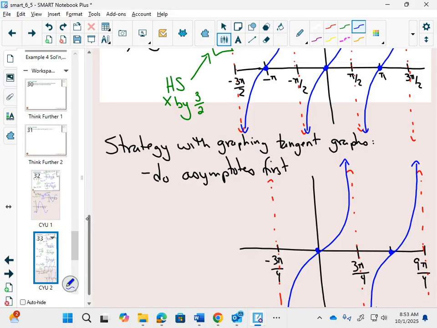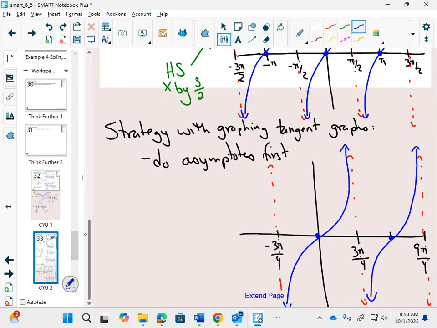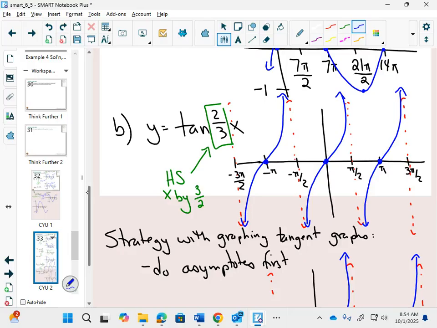Technically on the exam, they might want you to label, like we have nothing labeled on our y-axis. That usually results in an E9 error because we have no scale on our y-axis. Sometimes what you can do to provide scale is just put a 1 there. They might accept that for full marks on a tan graph. If you really wanted to be particular on this graph, here's 1.